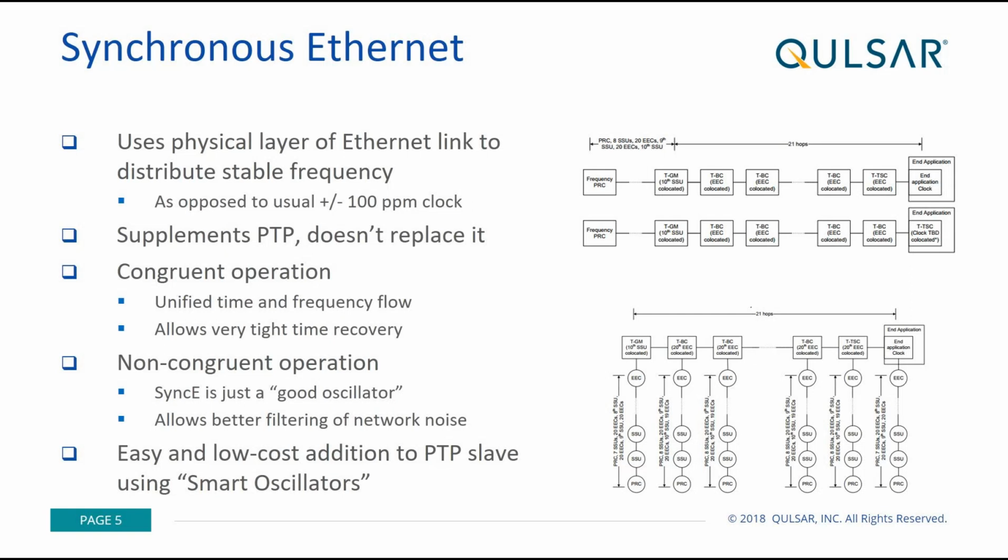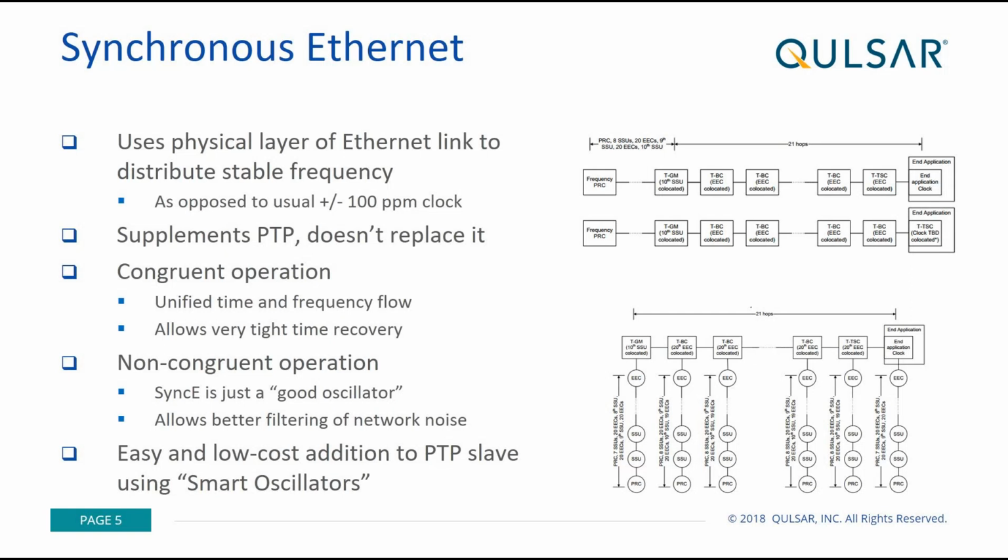There are lots of subtleties in the synchronous Ethernet standards, different ways it can be implemented depending on where the clock comes from. We won't go into details of that in this presentation, but suffice to say that adding synchronous Ethernet to a 1588 network will always provide some degree of performance improvement.